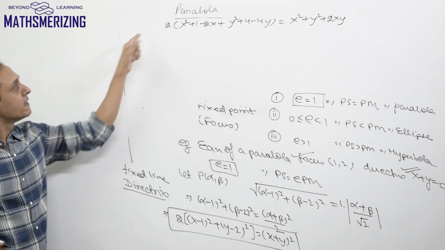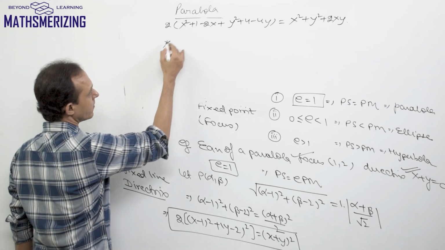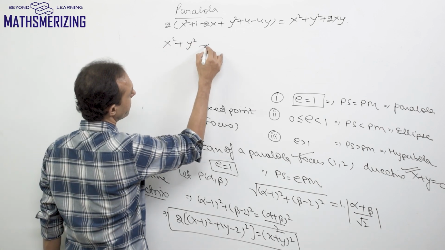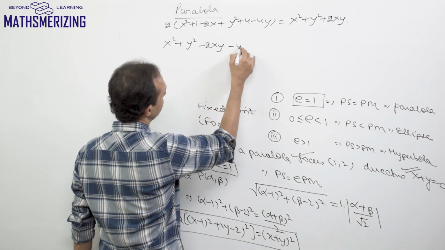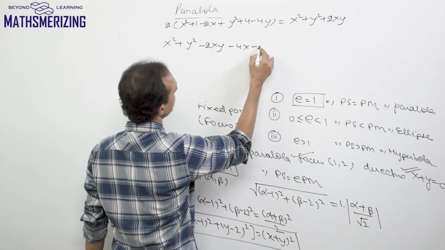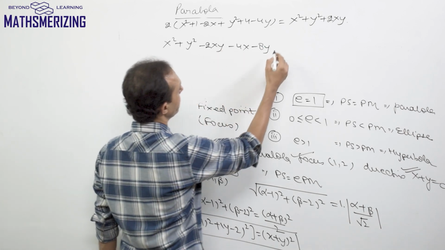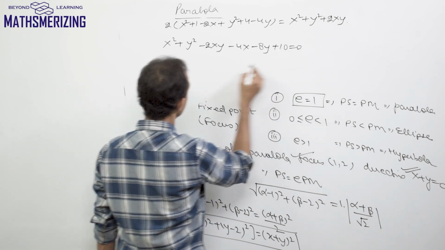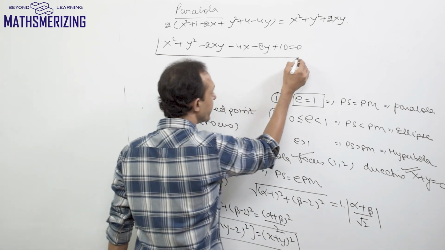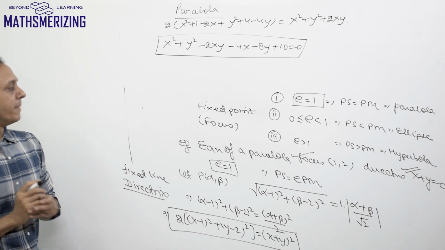So we take everything on the left hand side, then we can write it as x square plus y square minus 2xy minus 4x minus 8y plus 10 equals 0. So that is the equation of this given parabola.